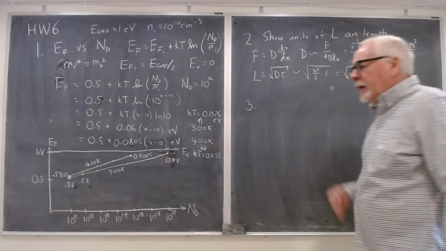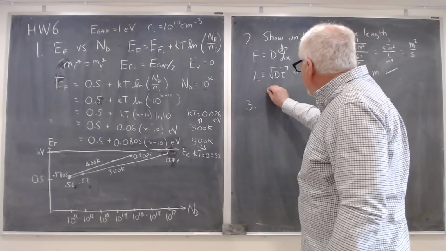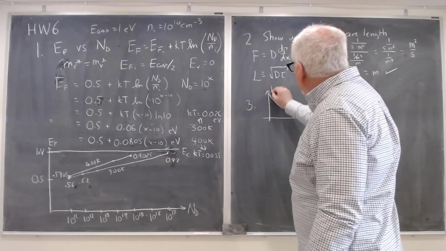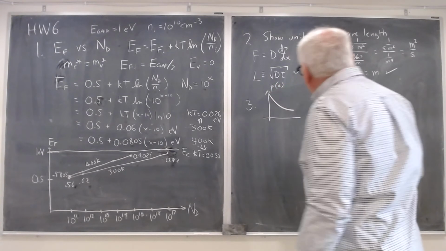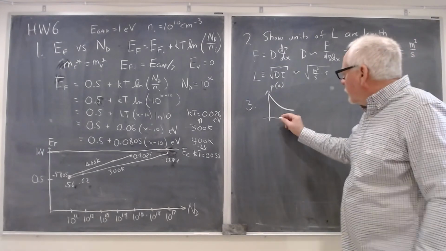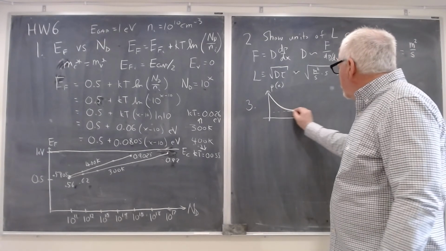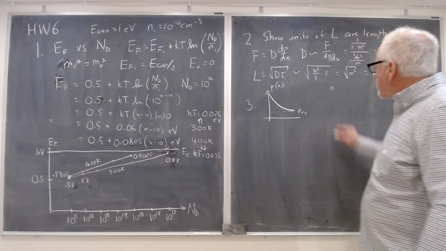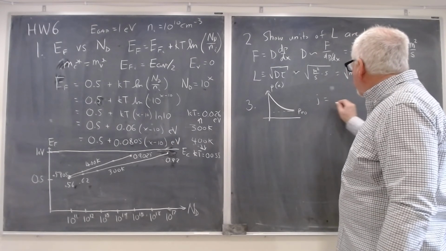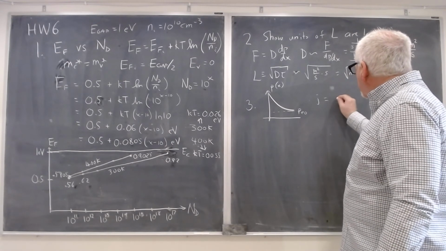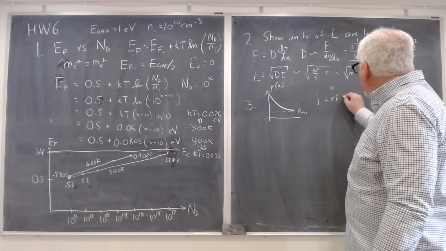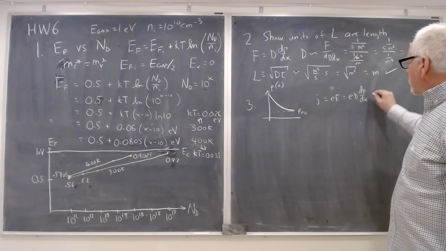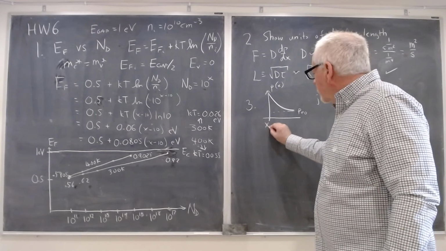Okay, so for 3, I'm going to back up a little bit and do our diffusion coefficient thing again. And the way I taught you to do this is that J is E D dP/dx, evaluated at xn.